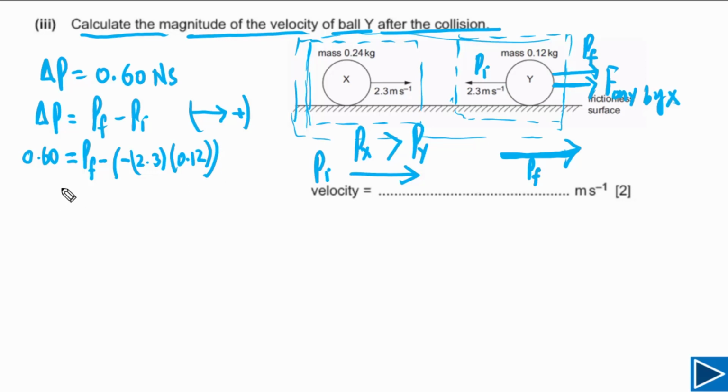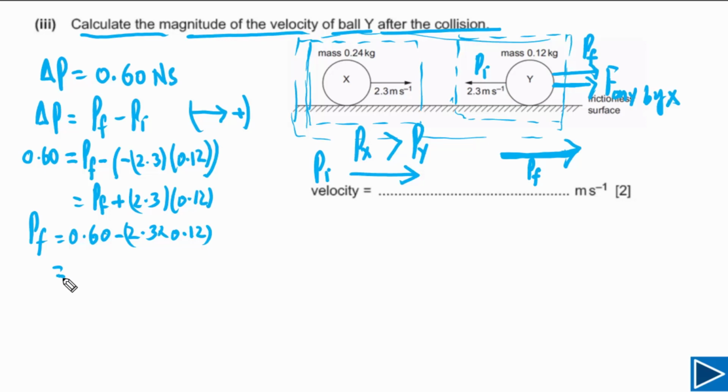Simplifying, P final is 0.60 minus 2.3 times 0.12. If you do these calculations, the final answer is 0.324 Newton second. This is the value of the final momentum of ball Y.